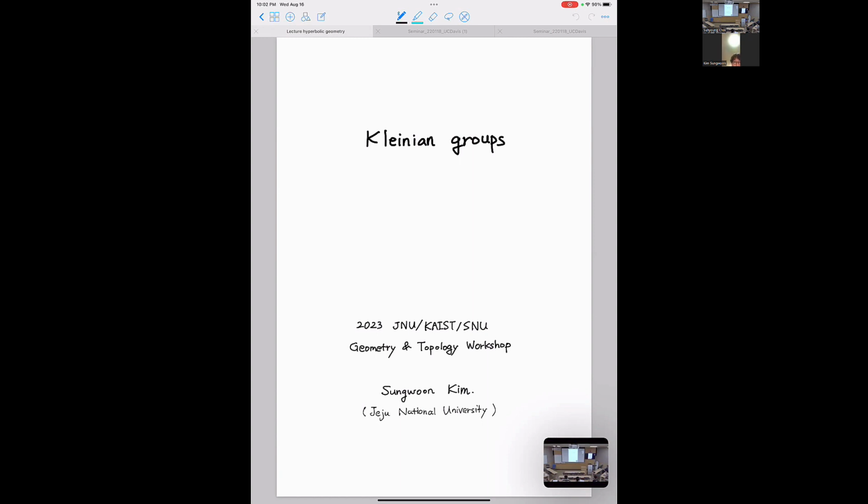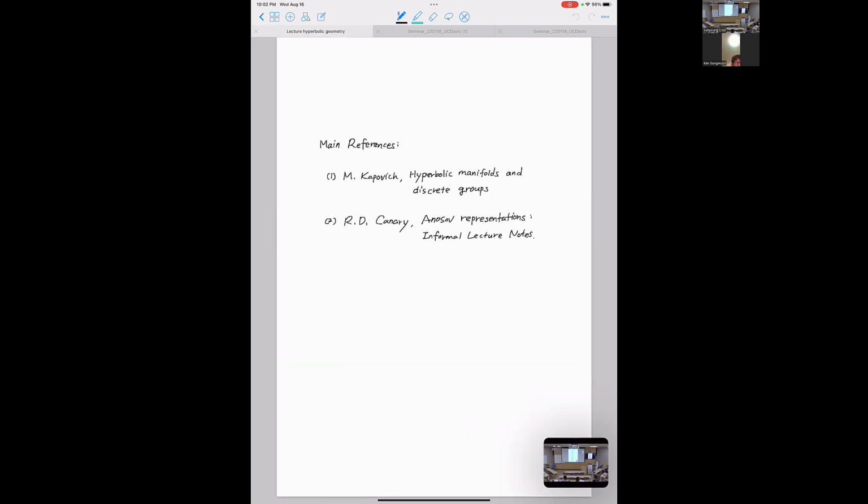So studying the discrete group is actually studying the manifold. That is why we study discrete groups in hyperbolic space.